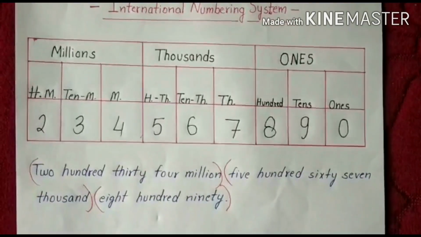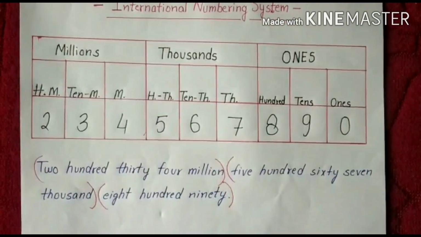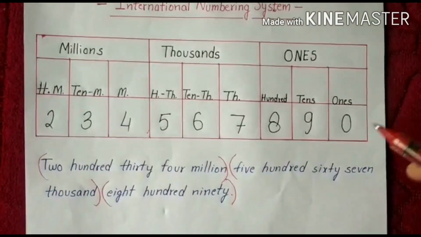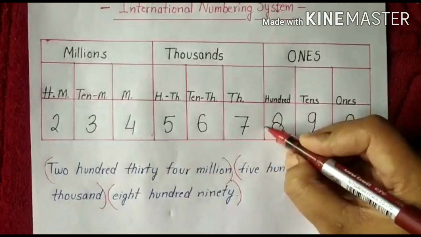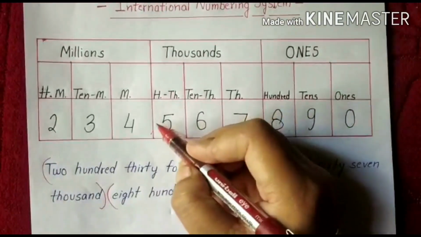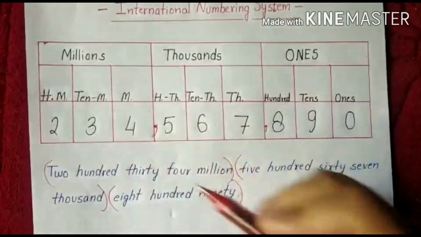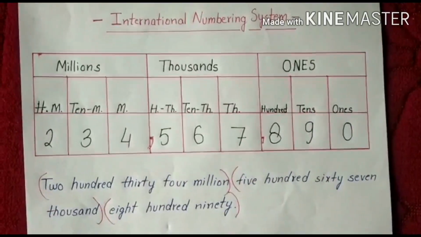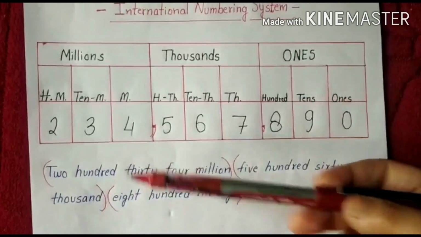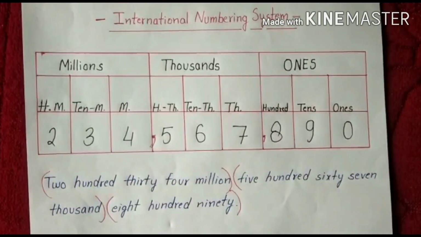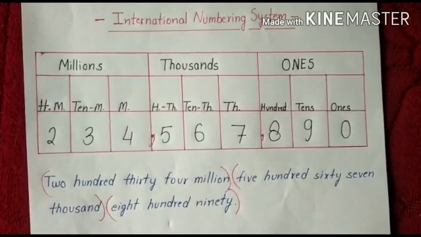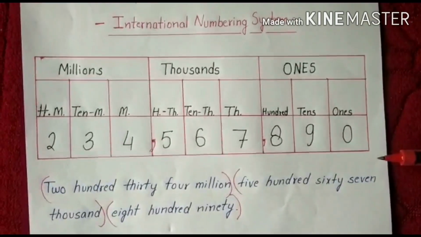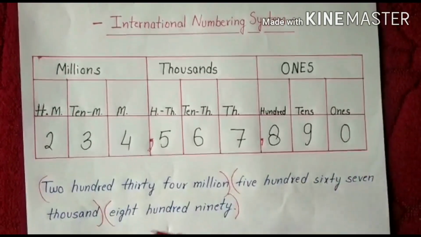So what would be the naming of this number? Before naming, we have to put the commas after every period, after the ones period, after the thousand period. But remember students, we always start grouping from the right, not from the left. So, how can we write the name of this number?